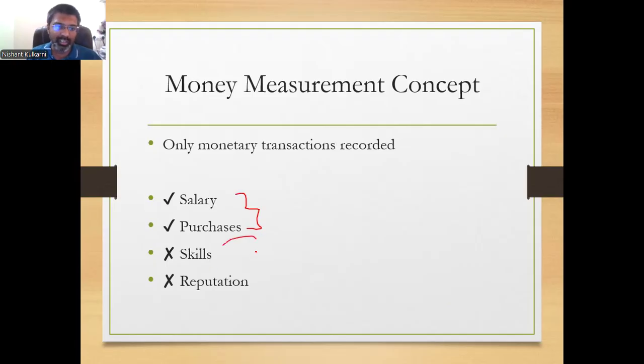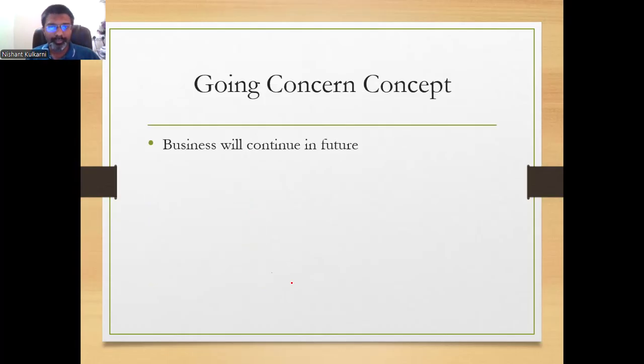But for skills, or let's say if you say I have a good reputation in the market, yes, reputation is very important, but because that cannot be converted into monetary terms directly, you cannot measure it, it is not included in accounting records. So accounting is only done for money measurement things. Whatever transaction includes money giving and money taking is recorded in accounting records.